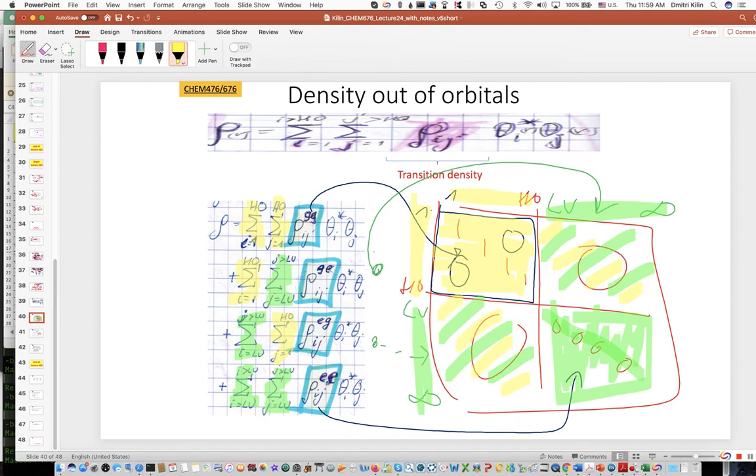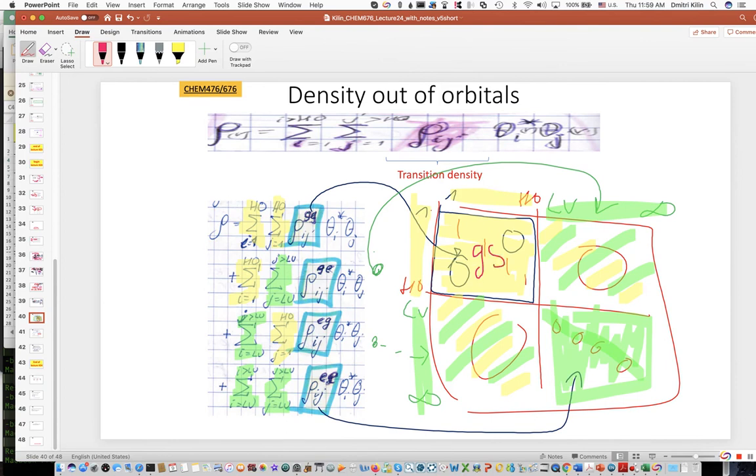Now, the overall density matrix can be chopped into 4 pieces. The piece that corresponds to the domain of occupied orbitals can be called ground state.